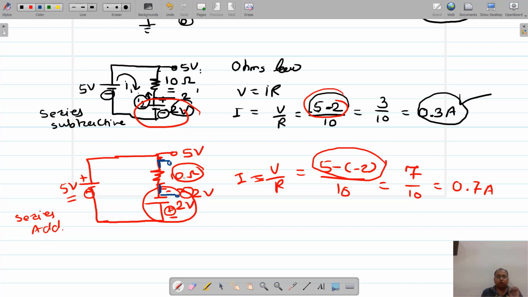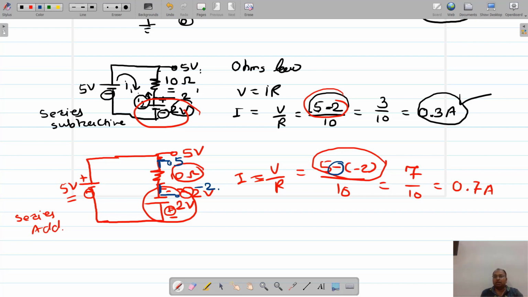Remember that potential difference is nothing but voltage. Potential difference means voltage, right? So the difference we must take. The voltage over here is nothing but 5 volt and the voltage over here is nothing but minus 2 volt. So we have taken the difference between them, isn't it?